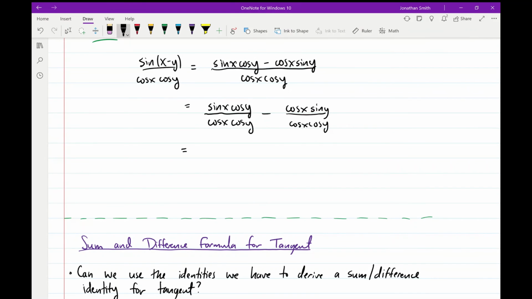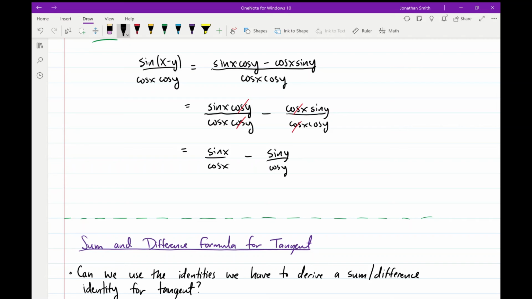And now we can simplify a little bit more. So this cosine y and the cosine y on the bottom are going to cancel with one another, and we're just left with sine x over cosine x here. And in this second fraction, we have a cosine x and a cosine x that are going to cancel with one another. So we're just left with sine y over cosine y.